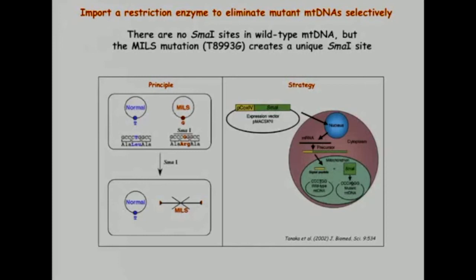And it's been done by a group in Japan, by Tanaka and colleagues, and it worked in cultured cells. But not all of these mutations create unique restriction enzyme sites, so this is not a strategy that's going to work very much unless you can custom design enzymes.